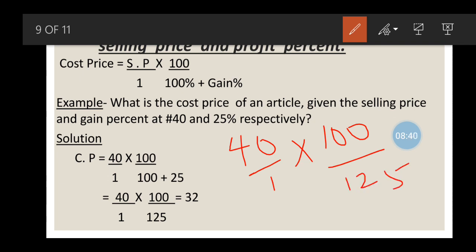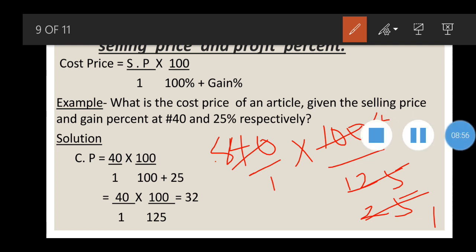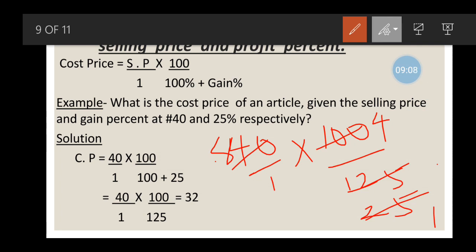So 5 into 40 is 8, 5 into 125 is 25, 5 into 25 is 5, 5 into 100 is 20, which gives us 4. So 8 times 4 will give us 32. So that's how we come about this 32. We have 32 naira there.